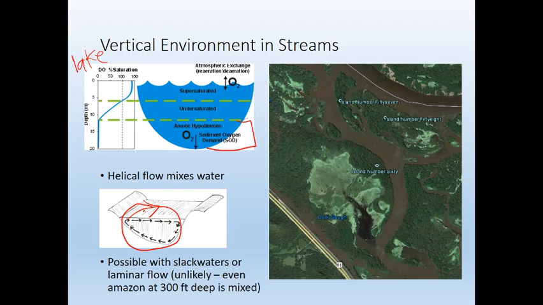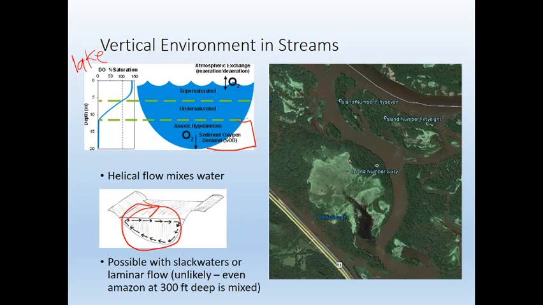Oxygen is taken from the top of the stream where it's in contact with the air and brought way down. Even the Amazon River, which can go straight for miles and miles, still has that helical flow. The thing is, where we do find anoxic water is possible in slack waters.